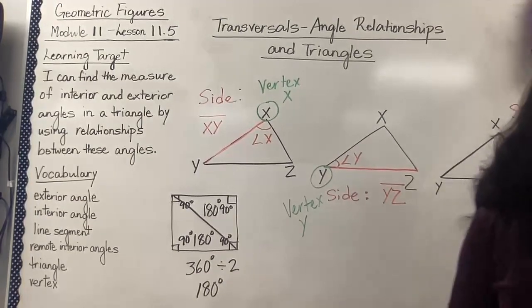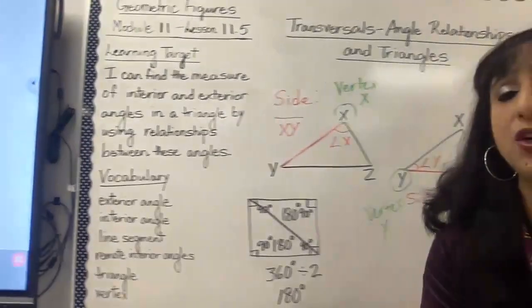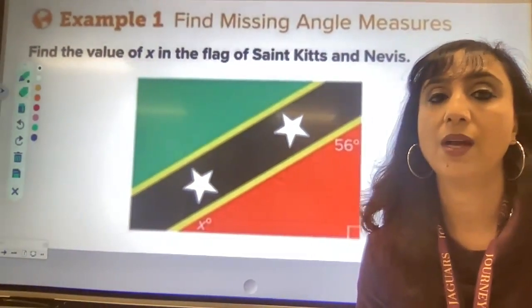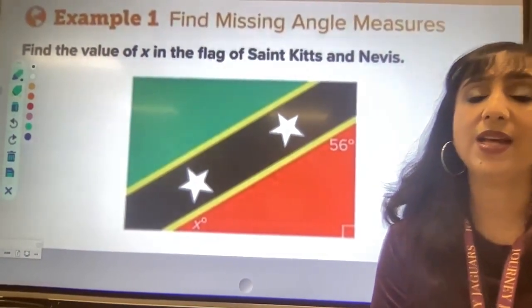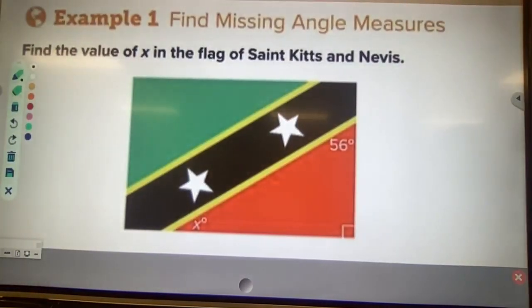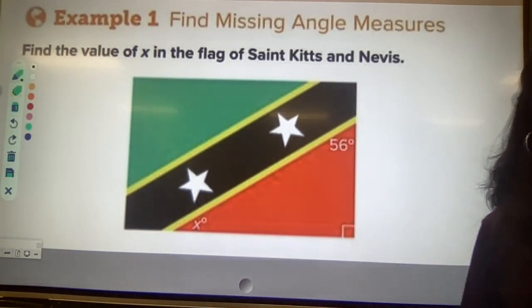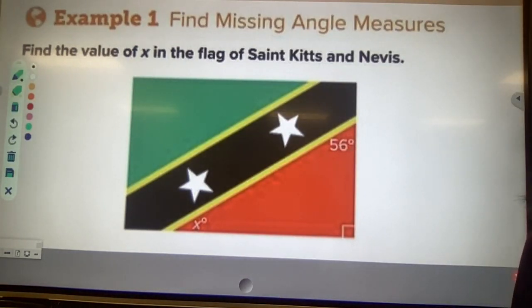So let me go ahead and show you a quick picture. Okay, and this is the flag, and as we can see, we have three different angles showing up over here. It's asking, find the value of X in the flag of St. Kitts and Nevis.